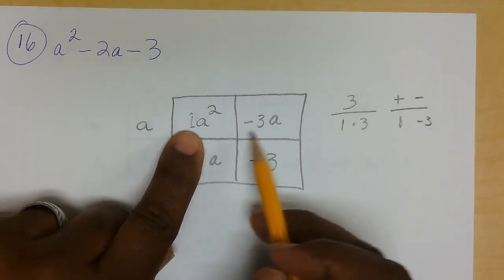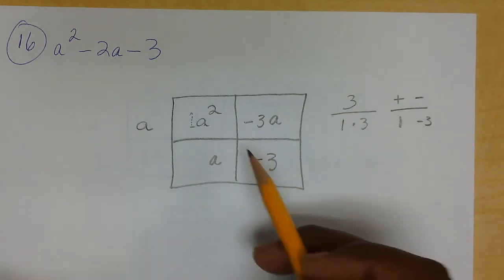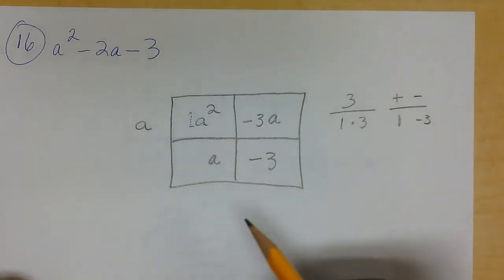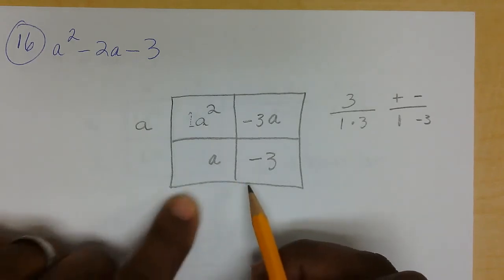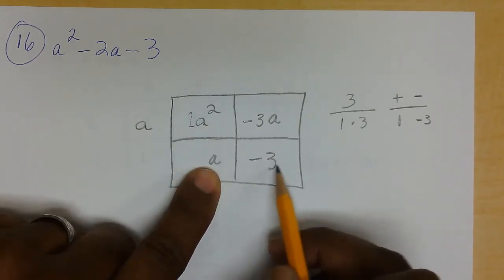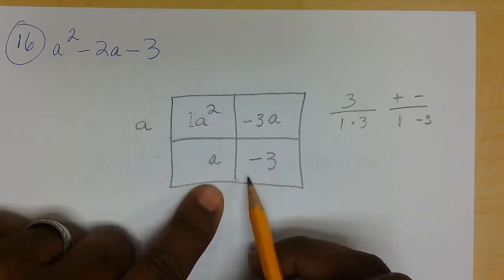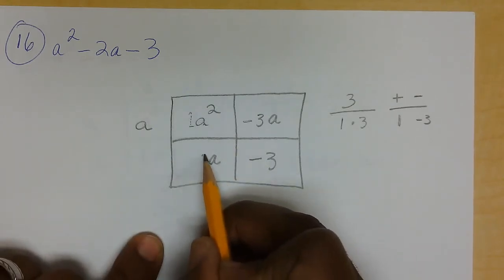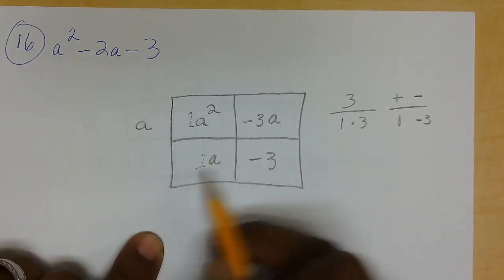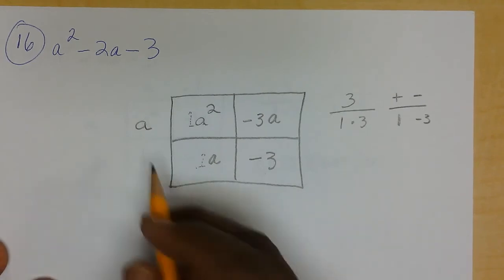The coefficients are 1 and 3, so the only common factor there would be 1, so I don't have to write that one. Looking at the bottom row, there's an a here but not here. There's a -3 here and an imaginary 1 here. So I'll just go ahead and write it. So the common factor in this bottom row is 1.